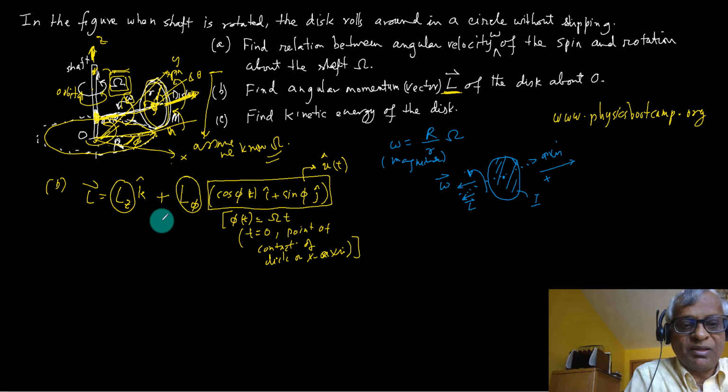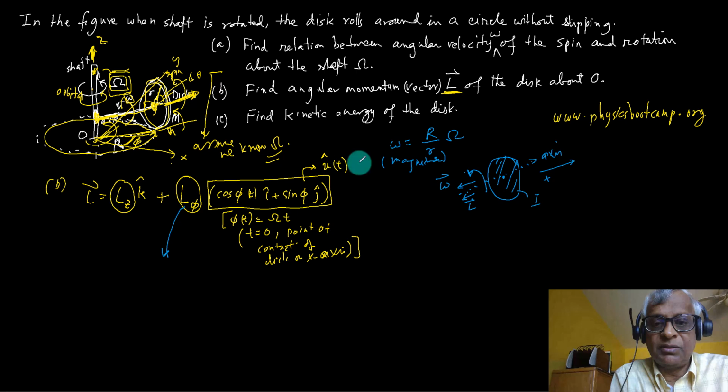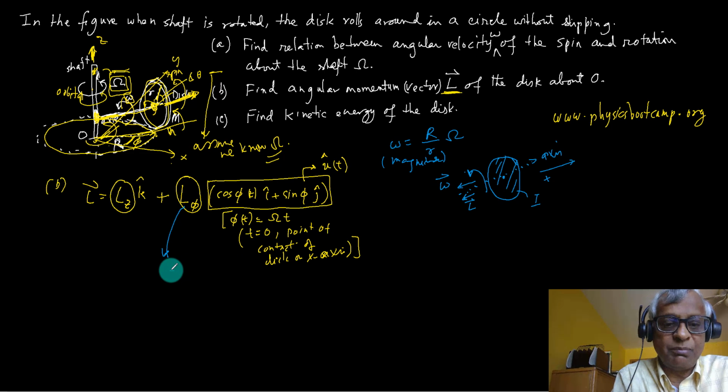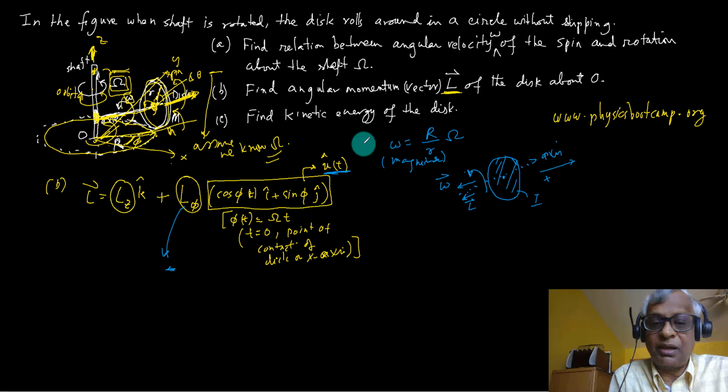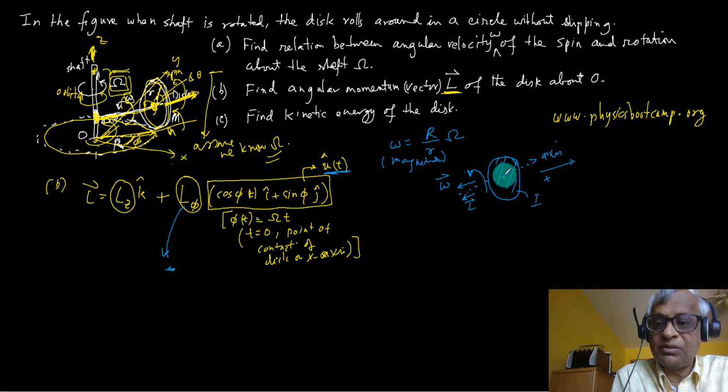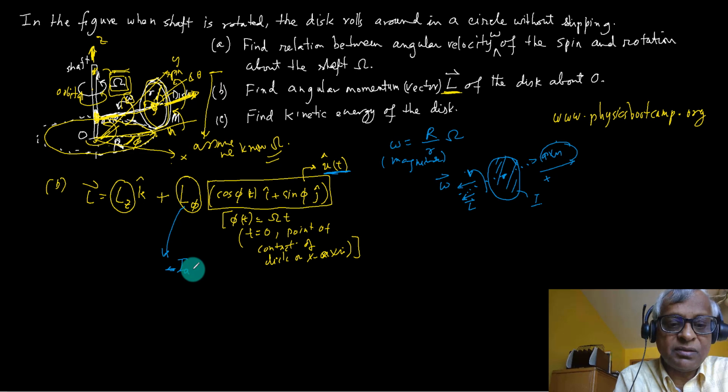So this is a positive vector that way. So I pick a minus sign to make it the opposite direction vector to that, and I get I, through the center, I through this axis, and times little omega.